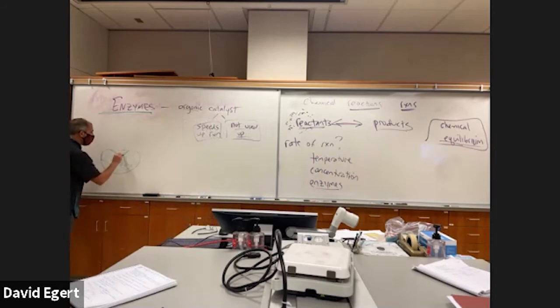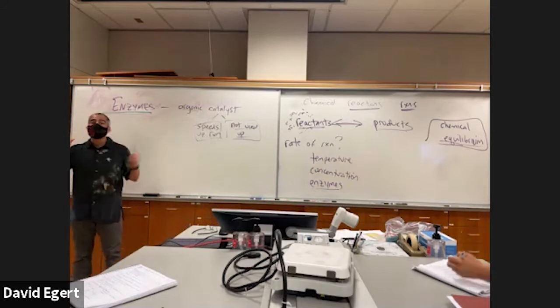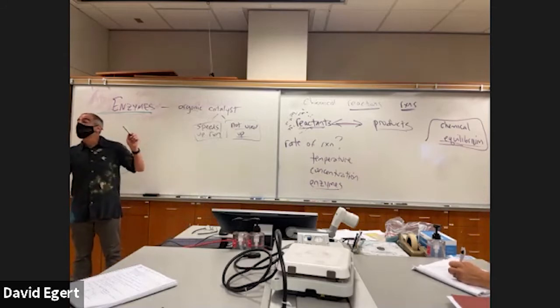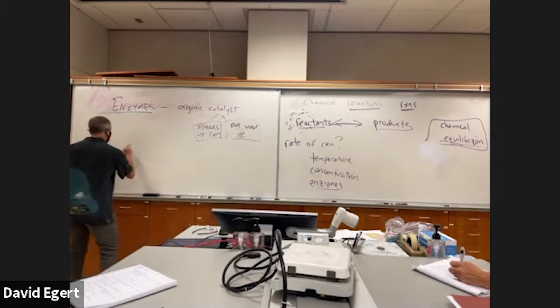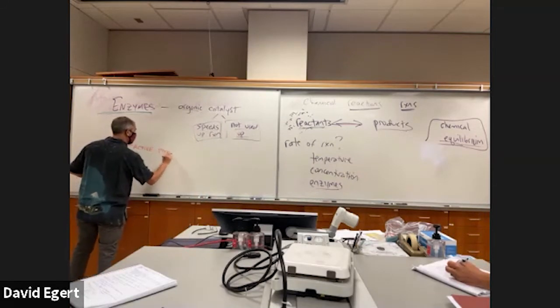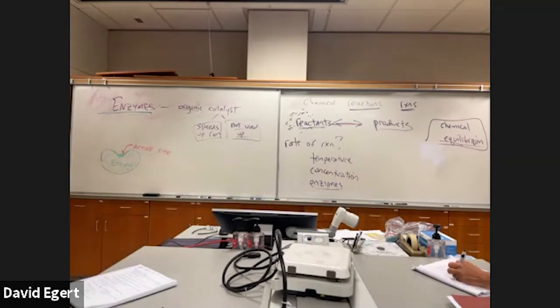There is some little area which we call the active site, the part that's actually able to bind with whatever it helps facilitate. Let's say we have an enzyme whose job is to break apart table sugar into simpler sugars.